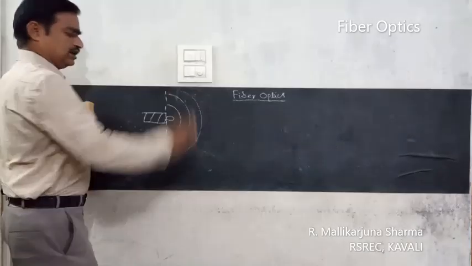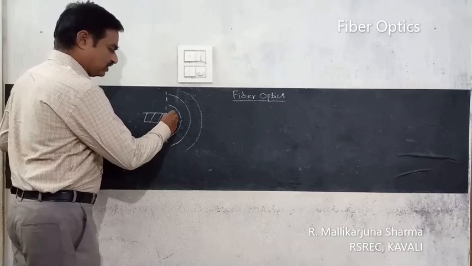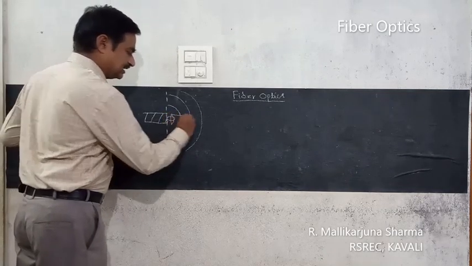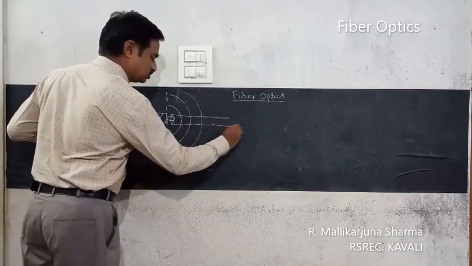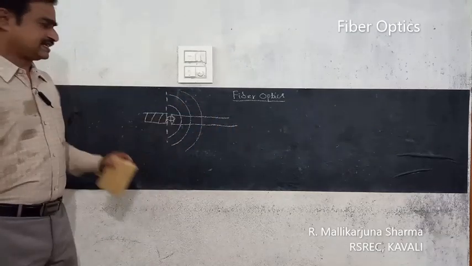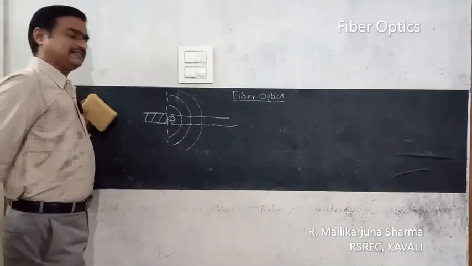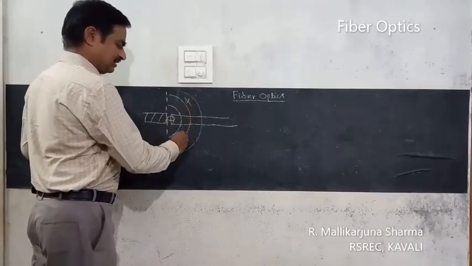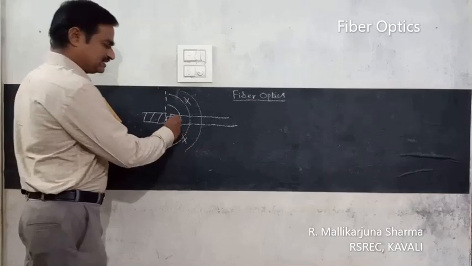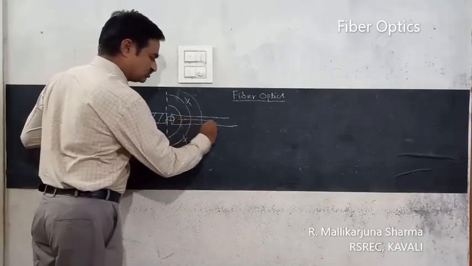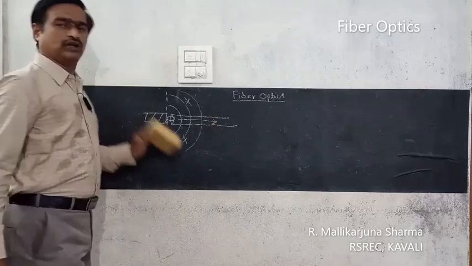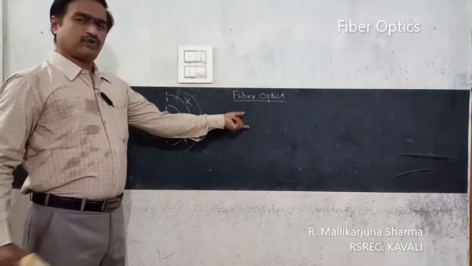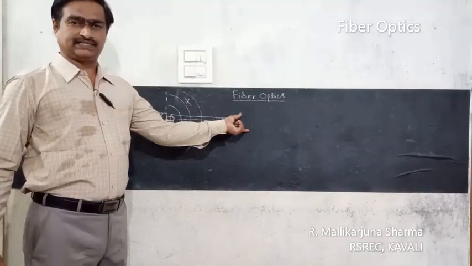Suppose we use a tube-like structure here, and we make this light pass through this tube-like structure. Then we are not sending these light rays in all directions; we are allowing these rays to travel in a particular path. Then we can understand that it is going to be propagated through a longer distance.